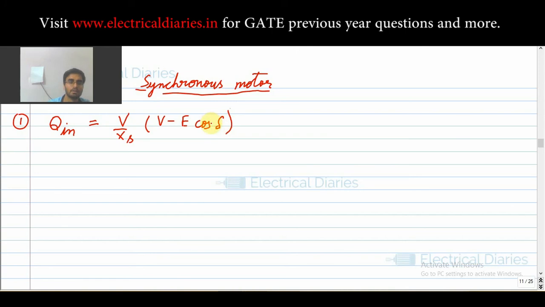This is an approximated equation, where the assumption we have taken is that the winding resistance is neglected.